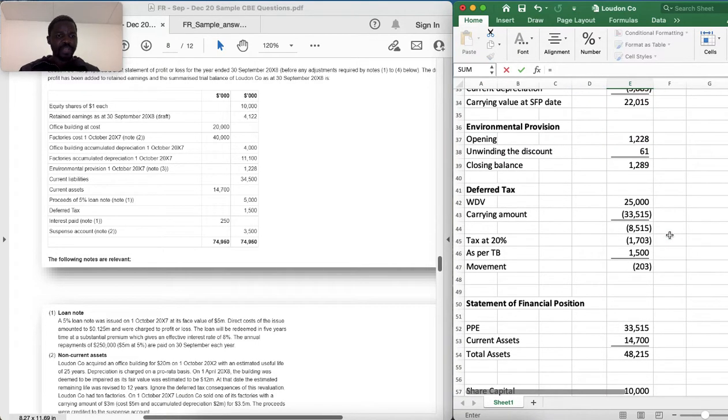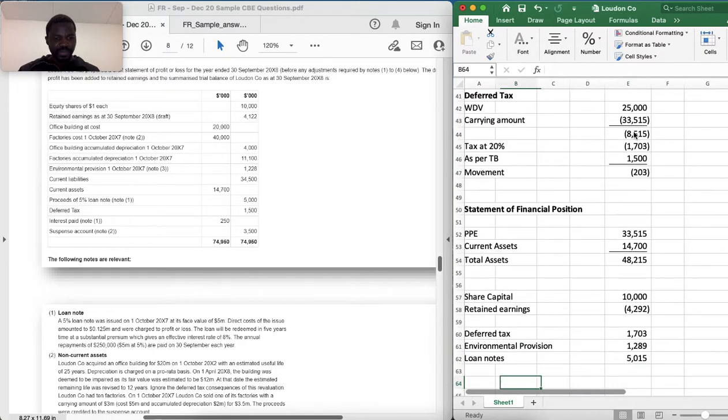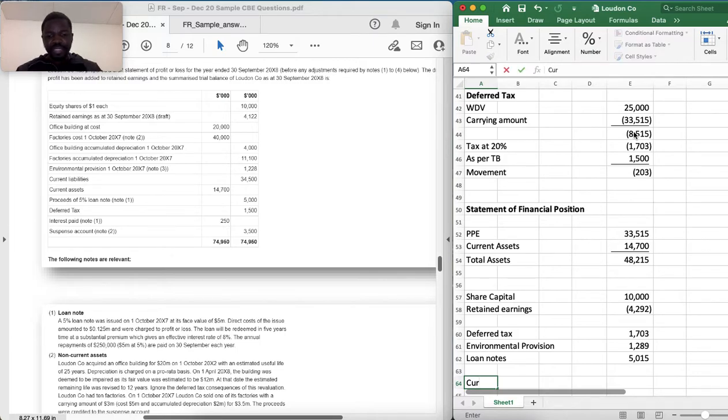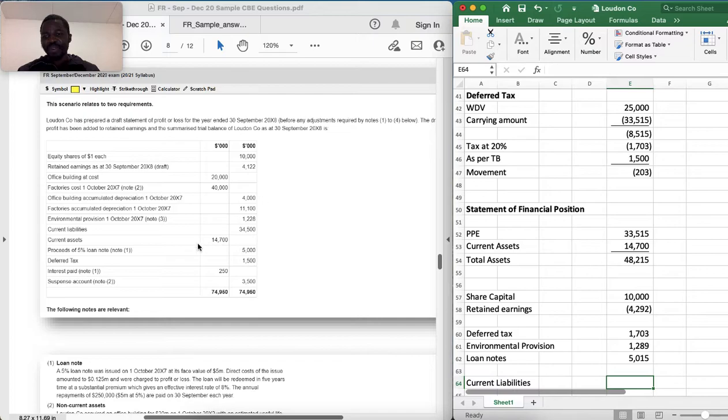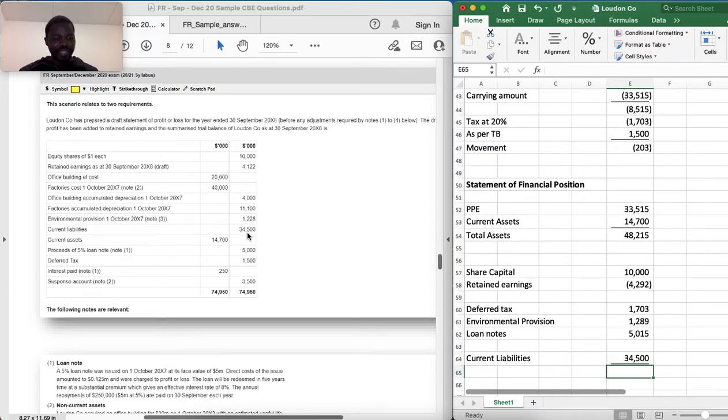We also have the figure for loan notes, 5,015. Then we will have current liabilities. Our current liabilities, we will take them from the trial balance. Then if we sum everything from share capital up to this point, we get total equity and liabilities, like that.